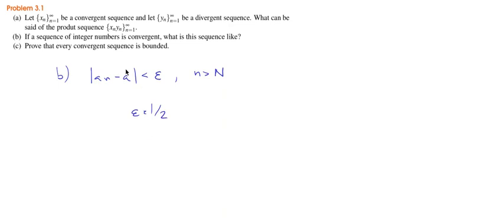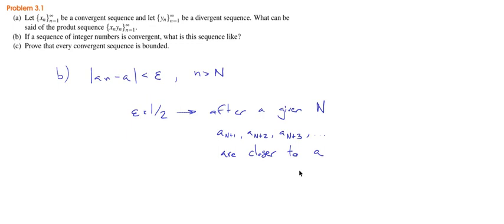Because the sequence is convergent, we know that after a given capital N, a sub n plus 1, a sub n plus 2, a sub n plus 3, and so on, are all closer to a, the limit, than 1/2. So this is the definition of the limit.